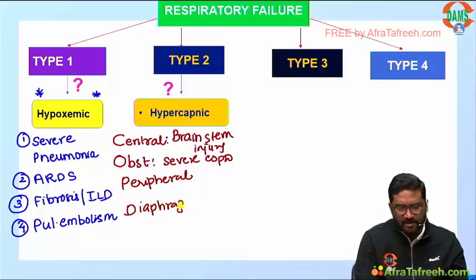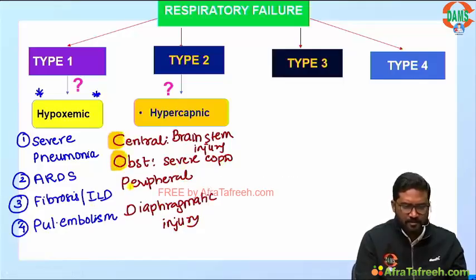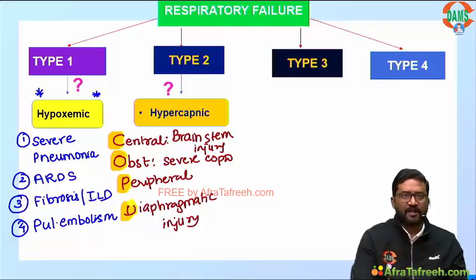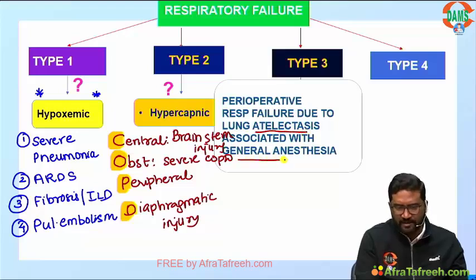It is your diaphragm. Is there any diaphragmatic injury? Whenever you are in doubt, just see this COPD. If there is COPD, central, obstructive, peripheral, diaphragmatic, it should be considered as hypercapnic type 2 respiratory failure.